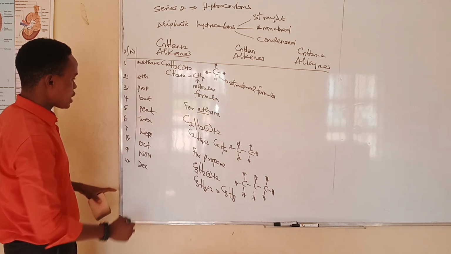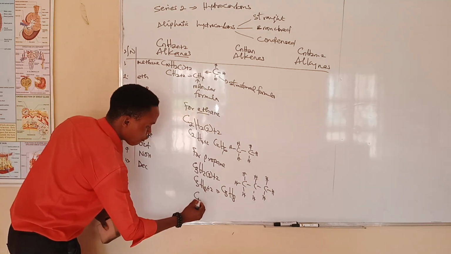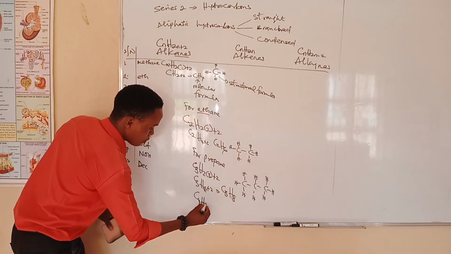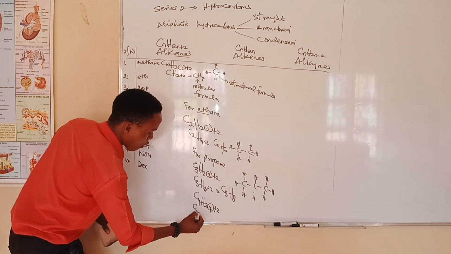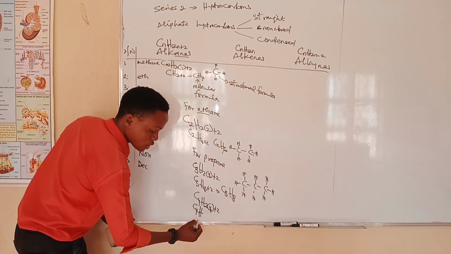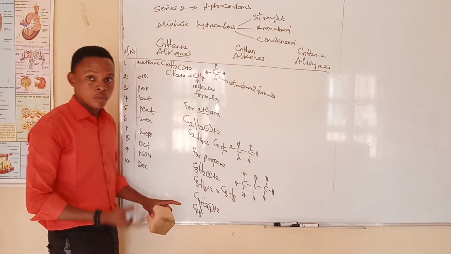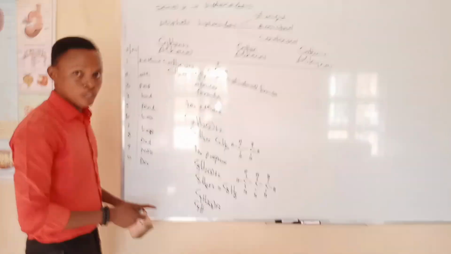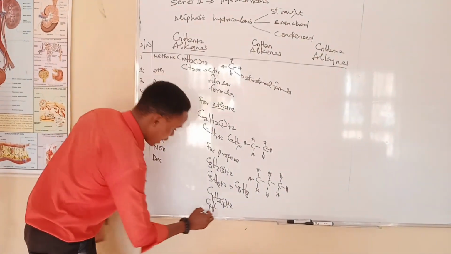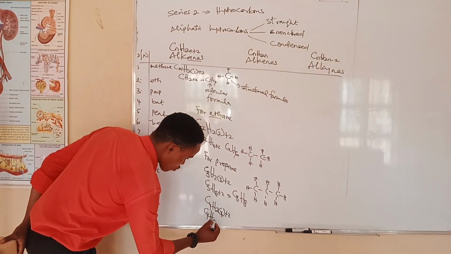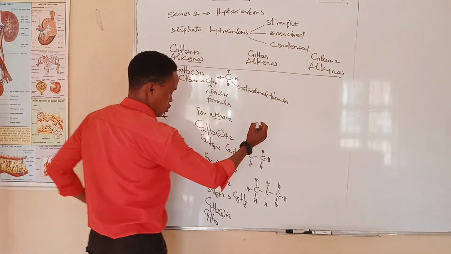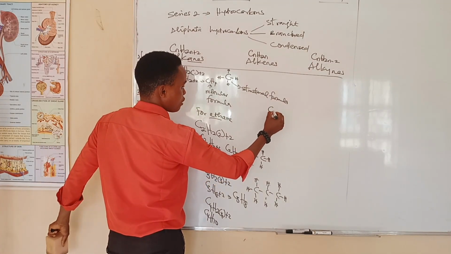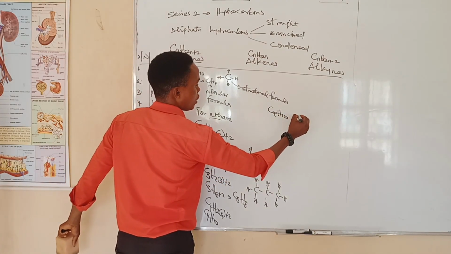Now butane will be C4, H2 into 4 plus 2. So you now have C4, H2 into 4, then 2 times 4 is what? 8. 8 plus 2 is what? 10. So we have C4H10.